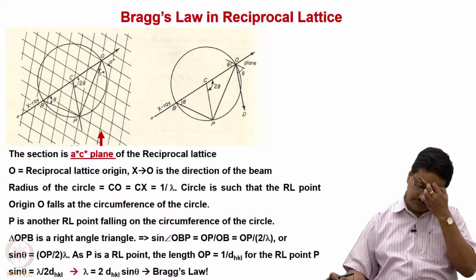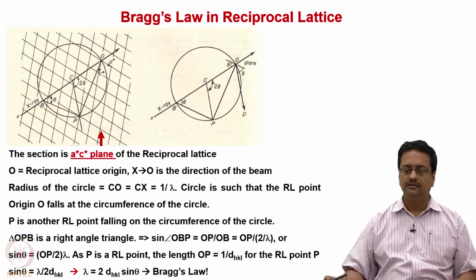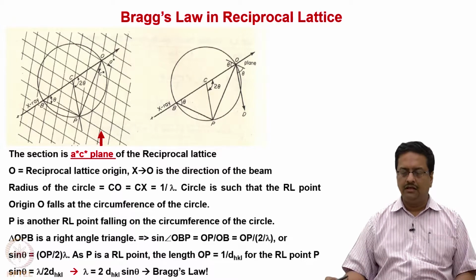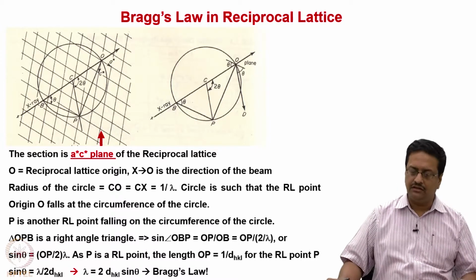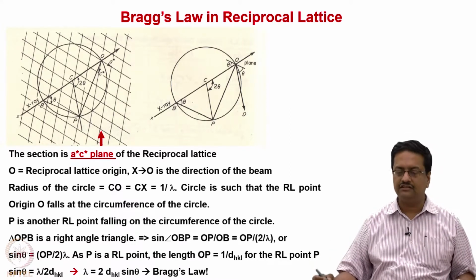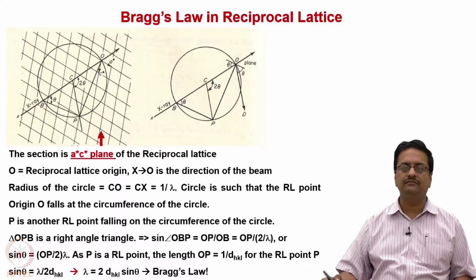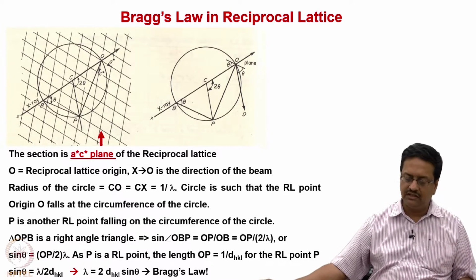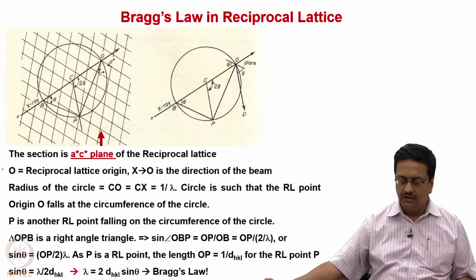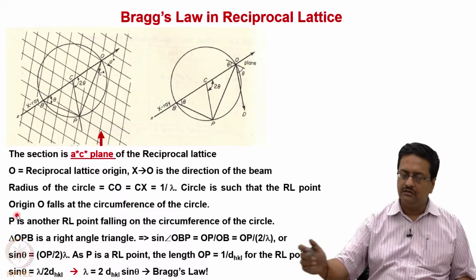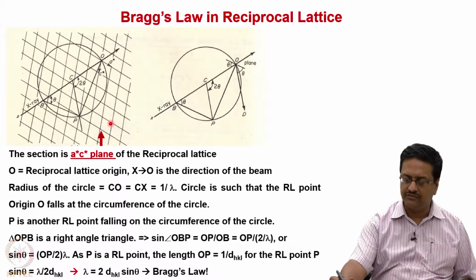Now let us see how we can visualize Bragg's law in the reciprocal lattice. Here in the figure on your left, I have taken the section of the A star C star plane of the reciprocal lattice. So, the grid lines that are visible here correspond to the reciprocal lattice points.